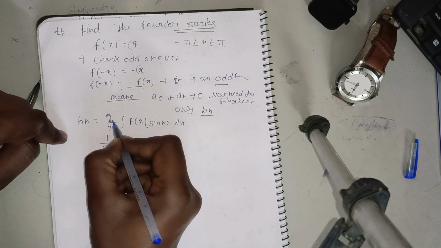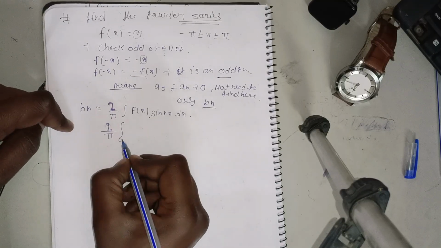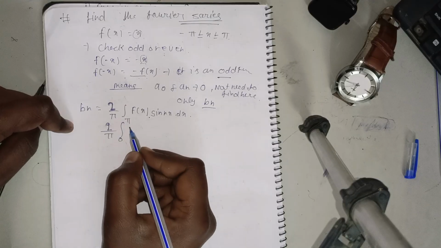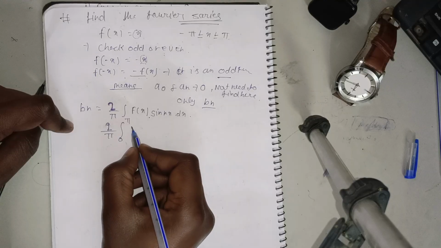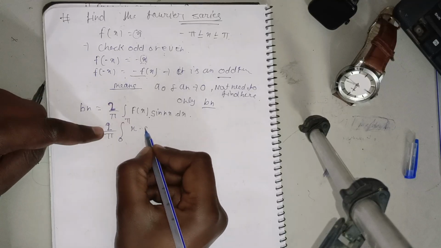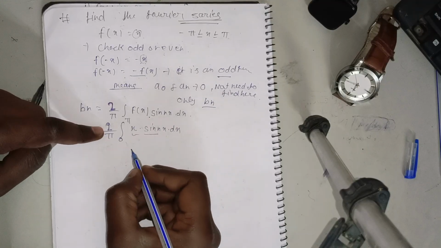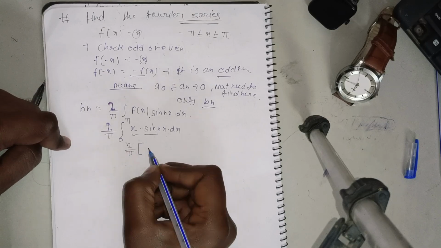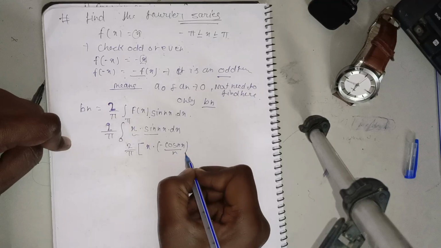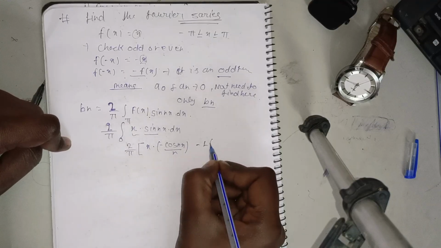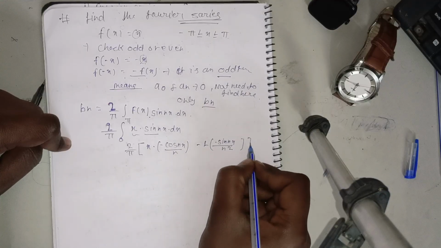As I told you, we have to remember it will be 2 upon pi, integration from 0 to pi of x f(x) sin nx dx. Now we want the v rule, the product rule. Okay, so 2 upon pi, x into minus cos nx upon n, minus 1 sin nx upon n square, from 0 to pi.